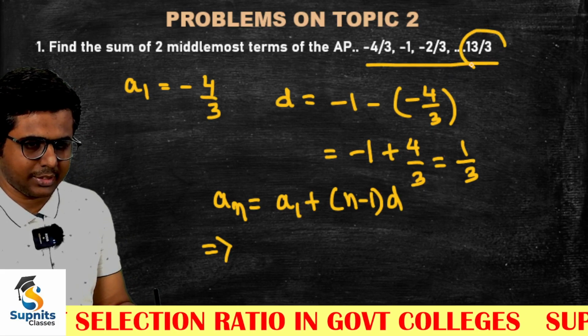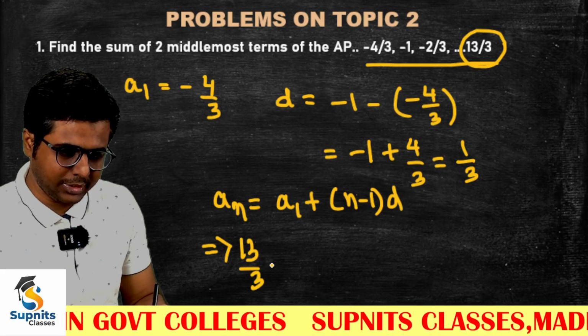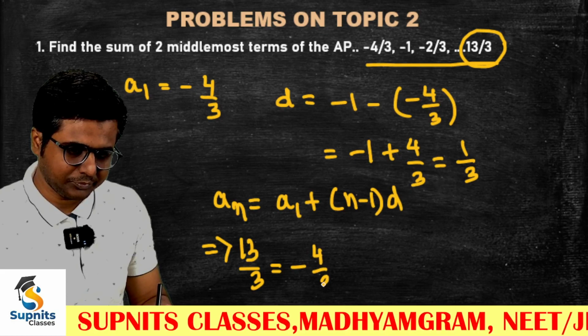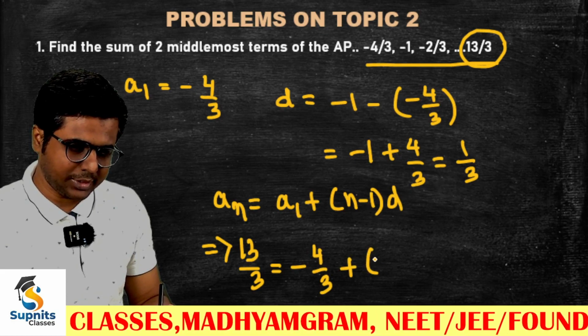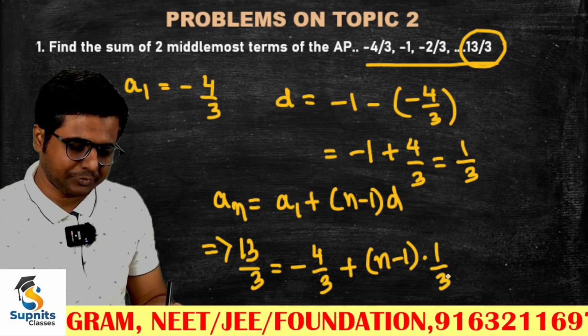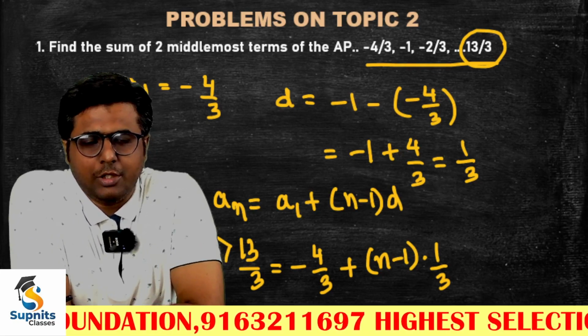So I will put this over here: 13 by 3 equals A1, which is minus 4 by 3, plus (n minus 1) into 1 by 3. From here I have to find the value of n.